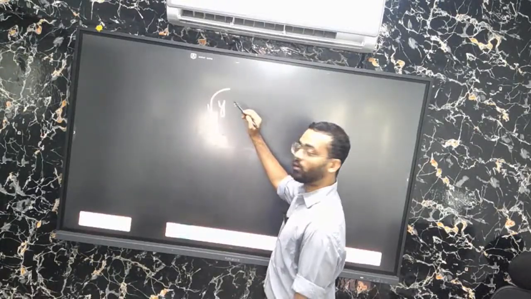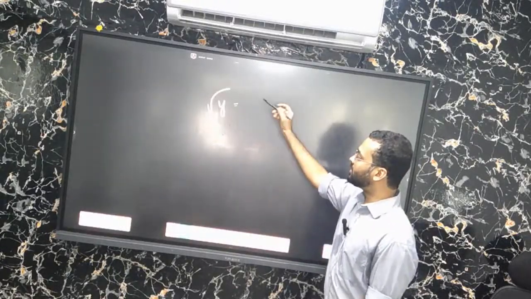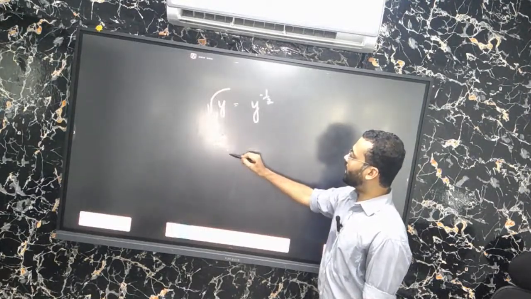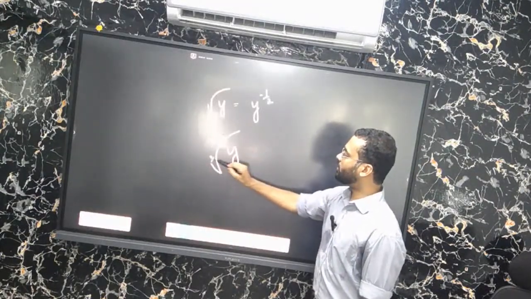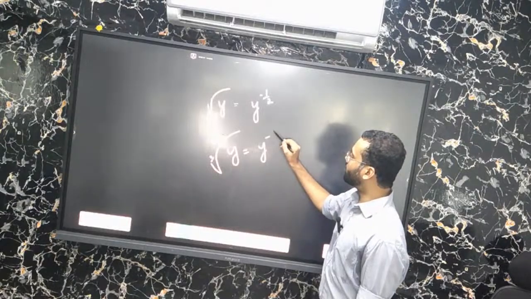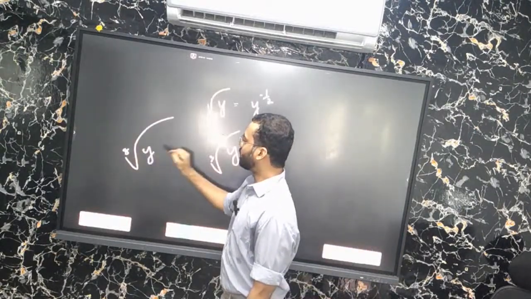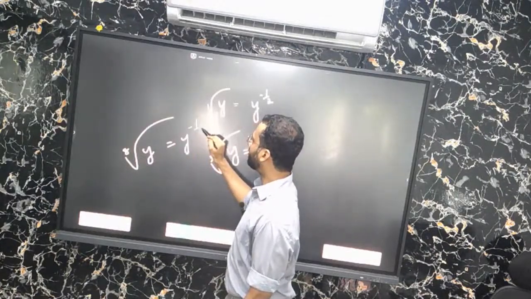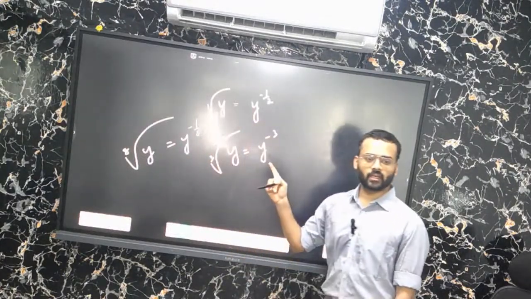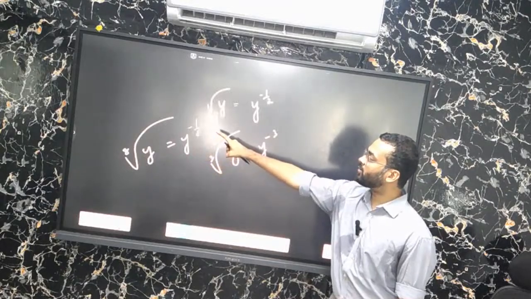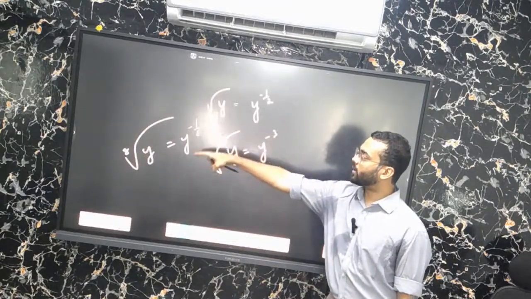If I want to write it in terms of indices, this is y power minus half. If I have cube root of y, it is y to the power of minus 1 by 3. If I have eighth root of y, it is y power minus 1 by 8. Whatever root it has, it is y to the power of minus 1 by whatever root that is.